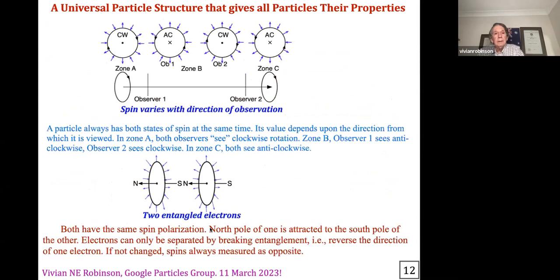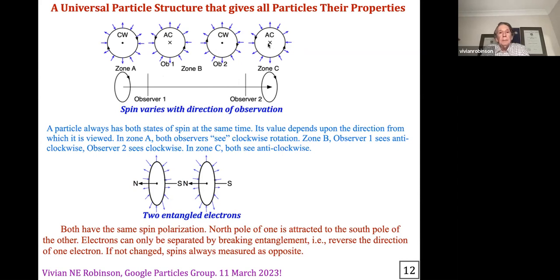I'd like to just show a brief statement on how this works. Consider we've got 2 observers. You've got a photon rotating clockwise. In zone A, both observers will see it rotating clockwise. In zone B, between the 2 observers, observer 1 would see it rotating anti-clockwise, while observer 2 will still see it rotating clockwise.